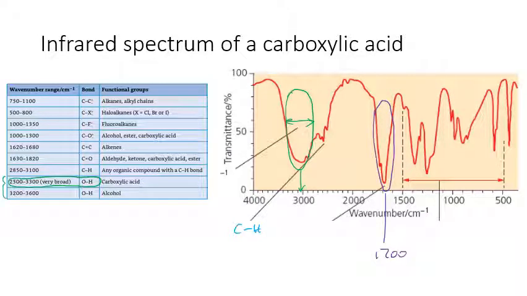All right, so we look at 1700, and we clearly see it's smack bang in the middle of the carbonyl group again, and so we've got both a carbonyl group, and the green one was our oxygen hydrogen, right? So from those two bits of information, we are hypothesizing that this is the carboxylic acid.